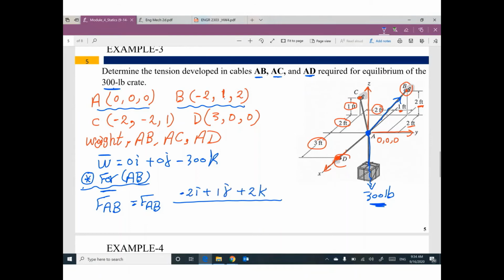Divide by the square root of first one squared, second one squared, third one squared. I'm sorry, this one is 2 squared.